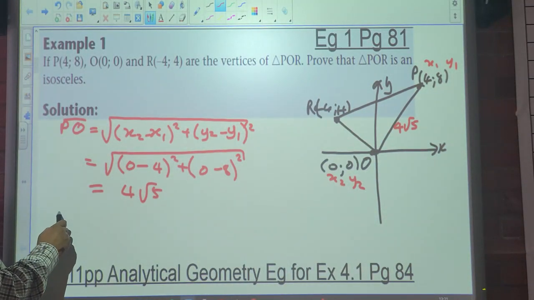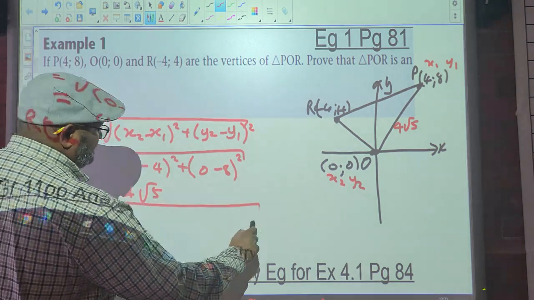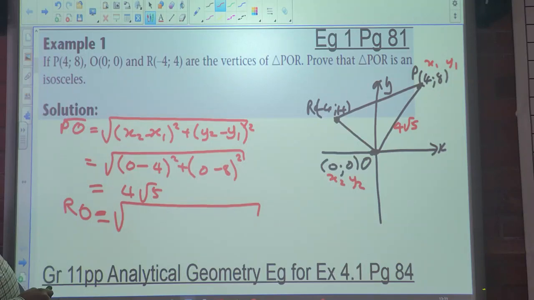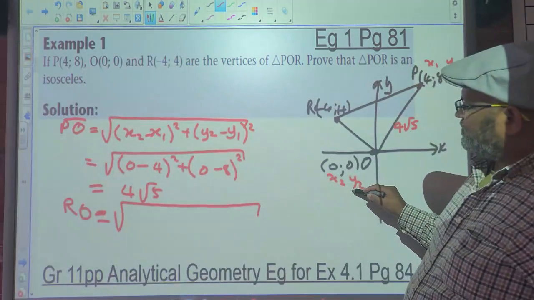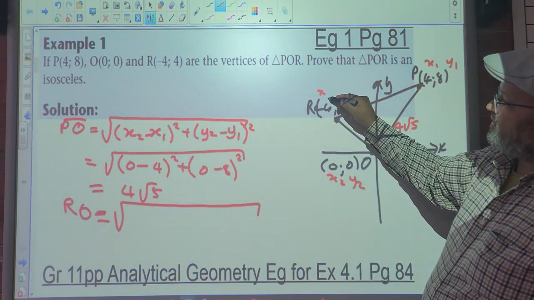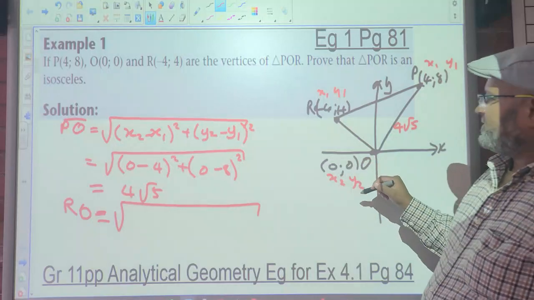Then RO. Let's go with RO, same story. Do I have to write the formula down again? No, once is sufficient. If I go with RO, if this is x2, y2, then this will be x1, y1.